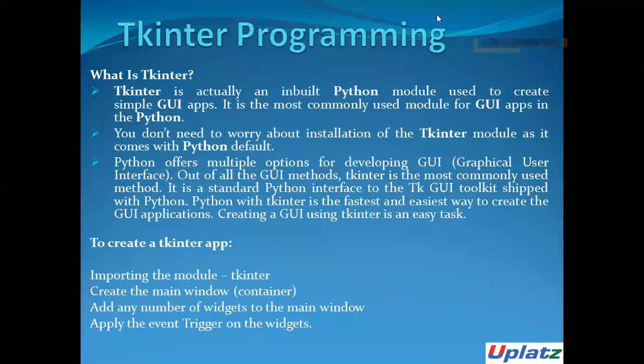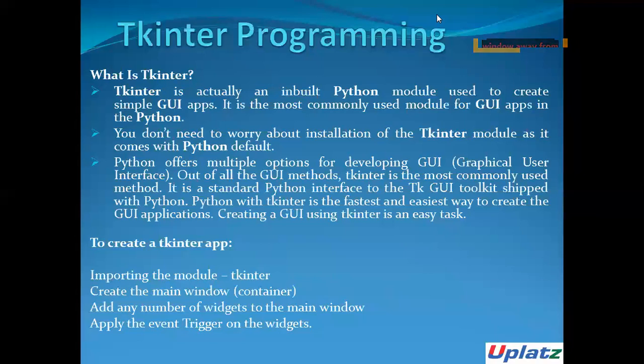And at the very basic level, how do you create a simple tkinter app? You need to first import the tkinter module using the import statement. Then create a main window. I told you, all the widgets and icons are present in the main window that is known as the parent window. So you need to create the parent window as the second step, and you can add any number of widgets.